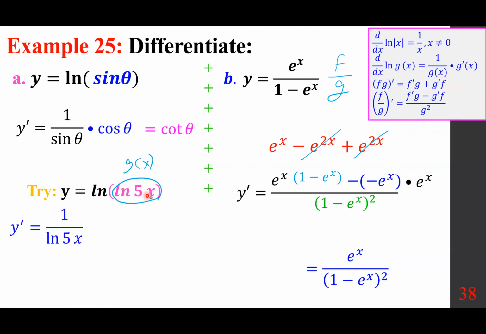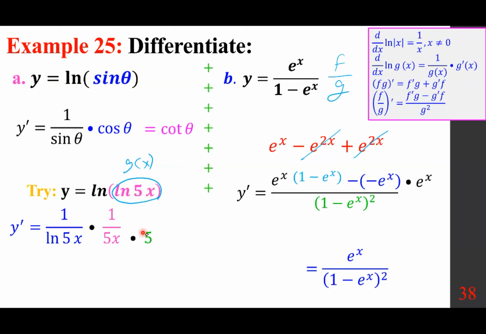And now we need the derivative of ln of 5x, which itself uses this formula. Now, I want g prime of x. What is the derivative of ln of 5x? 1 over 5x, flipped over, and then times the derivative of 5x, which is 5.